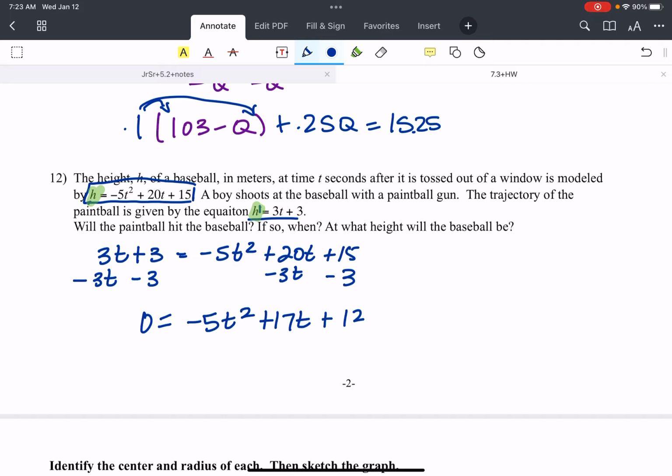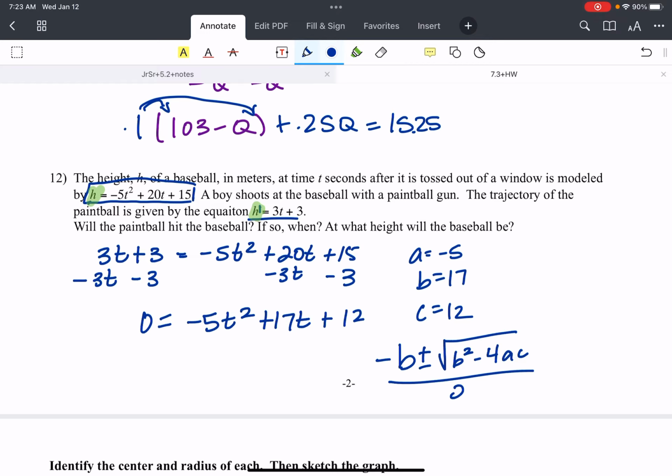Now, there's not a GCF. That one's big to factor. If it was me, this is how I would solve it: throw it into the quadratic formula. Don't forget that the quadratic formula is negative b plus or minus the square root of b squared minus 4ac, all over 2a, and I would plug all those numbers in.